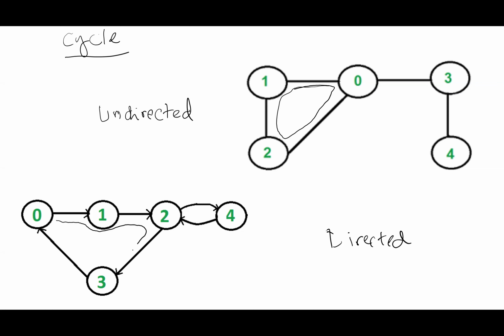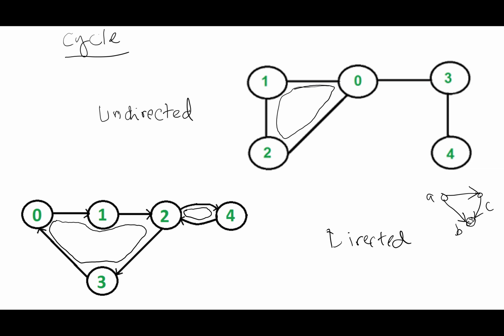We can go through all the edges here and then come back to the same vertex. So this is a cycle. Even here we can come this way and this is a cycle. But if you have something like this, say this is a directed graph between A, B, and C.